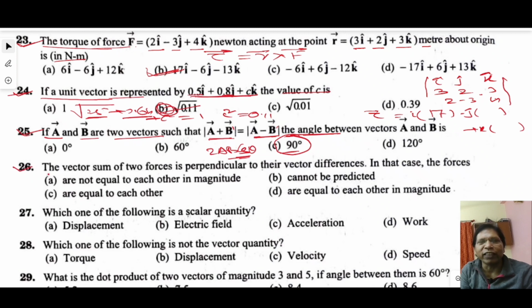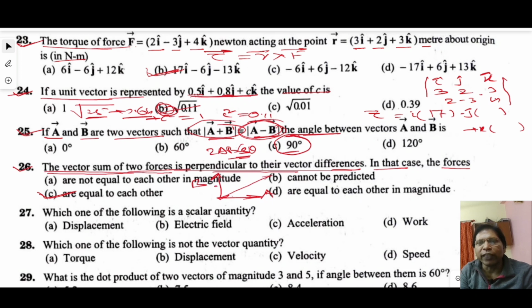Now question number 26. The vector sum of two forces is perpendicular to their vector difference. In that case, the forces are, okay, look at this, A vector plus B vector and A vector minus B vector are perpendicular to each other if both the vectors are equal. If A and B are equal, the resultant is the angle bisector.